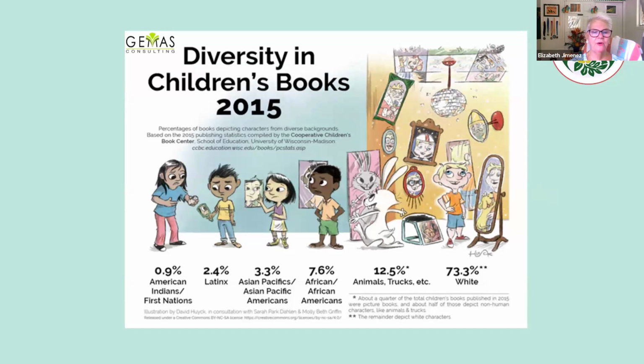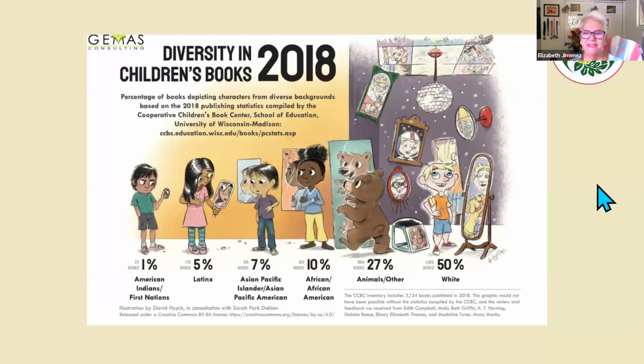And then the other categories are growing a tiny, teeny, tiny bit, but not very much. Go ahead to the next one. And then 2018, wow, we're down to 50% white, but look at the animals in other category, 27%.